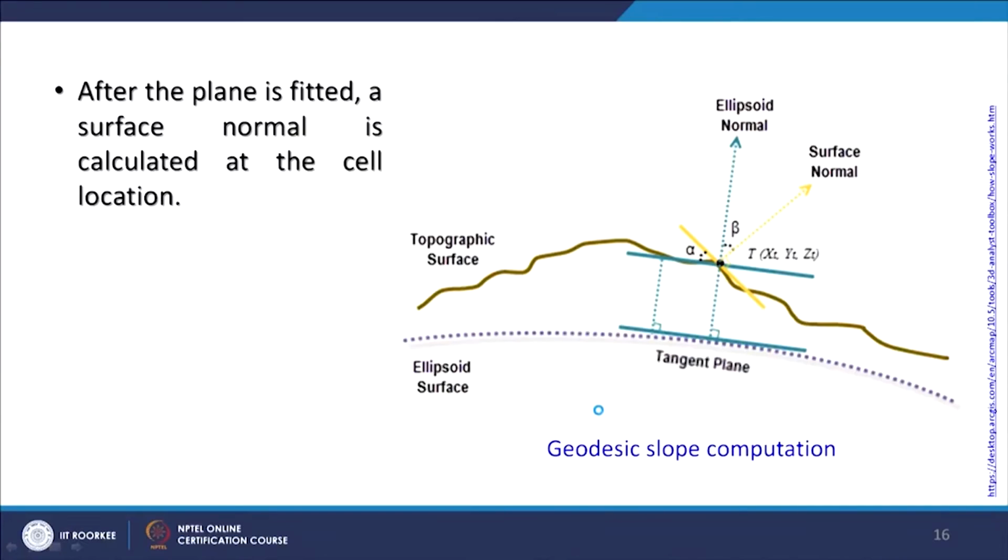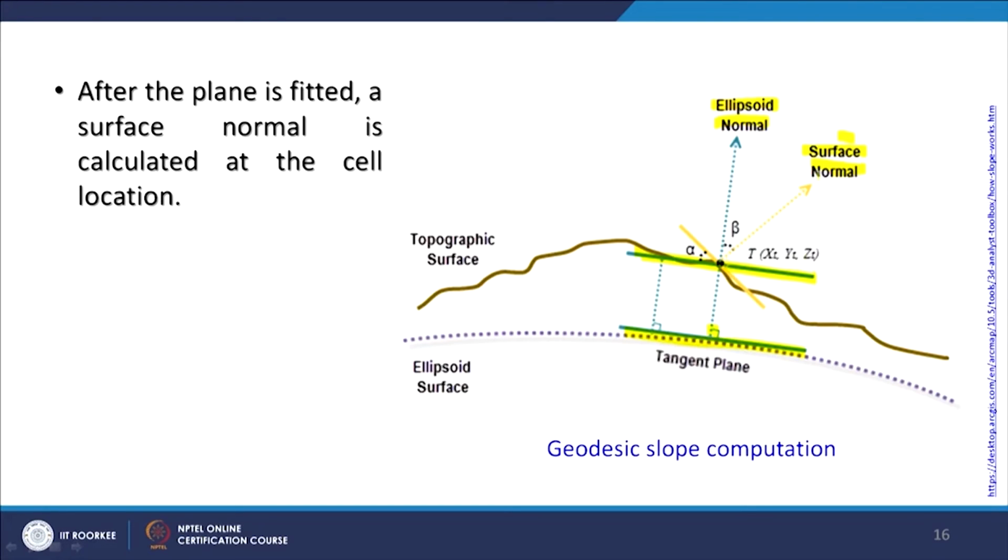After this plane is fitted, a surface normal is calculated for each cell, at the cell location. The surface normal, which is perpendicular to the tangent plane, is represented here with blue lines. Now, the surface normal is taken above the topographic surface.